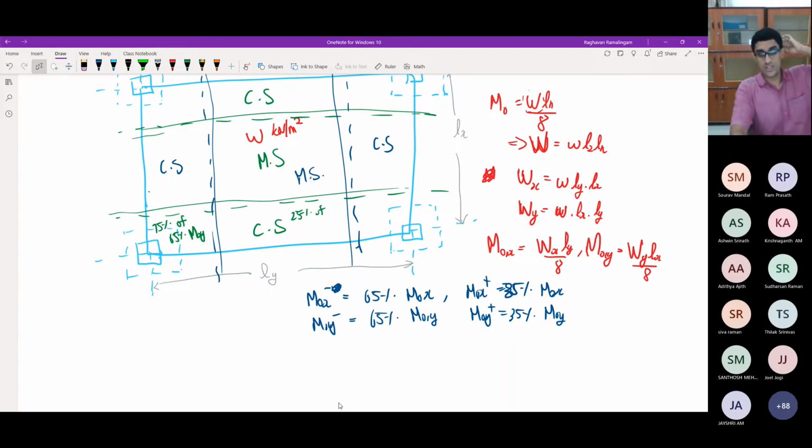This is the column strip for the x direction. So this is the direction x.